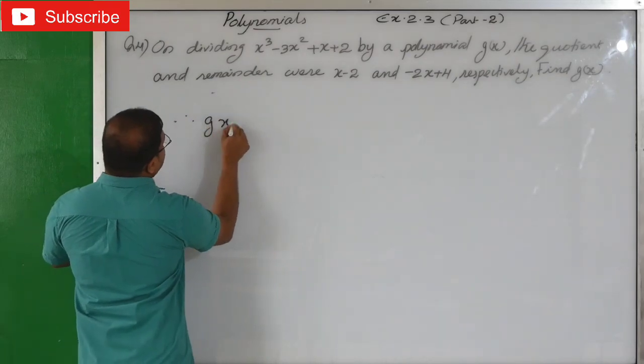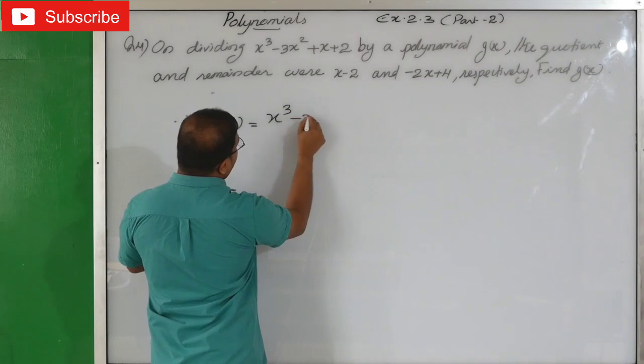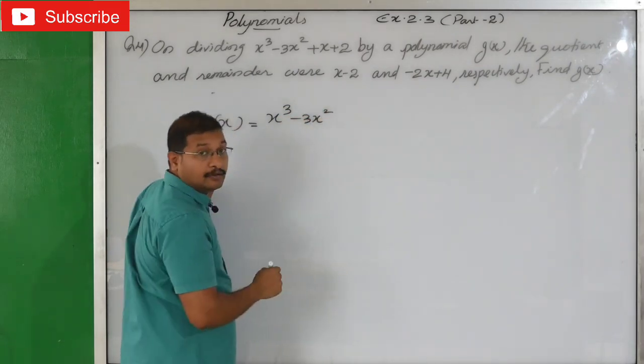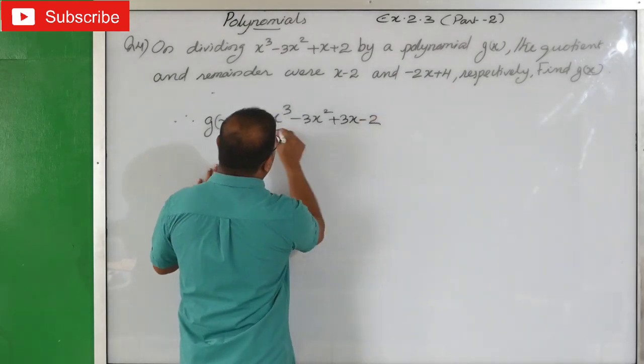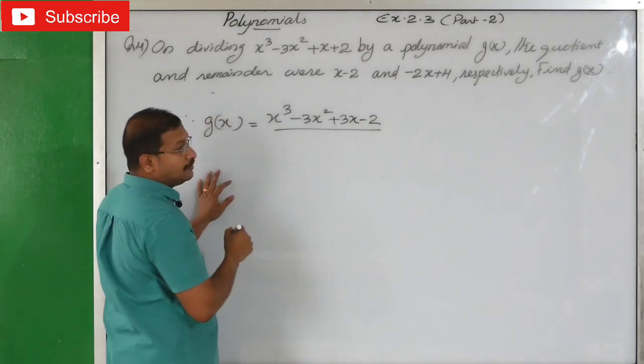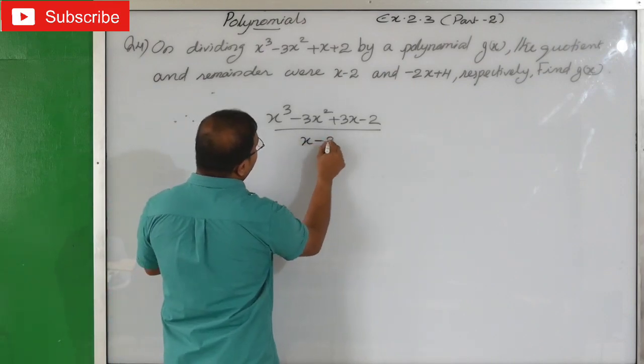Therefore g of x equals, what will you write? X cube minus 3x square plus 3x minus 2 divided by x minus 2.